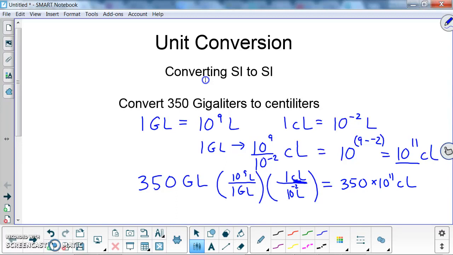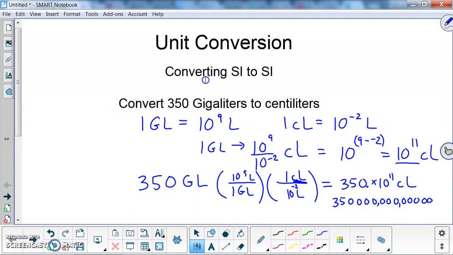That's centiliters. Meaning that I'm going to move the decimal, which starts here, I'm going to move it 11 places to the right. So that means that I'm going to move this so that I have 350, and then you start counting 1, 2, 3. There's 3, 6, 9, 11.